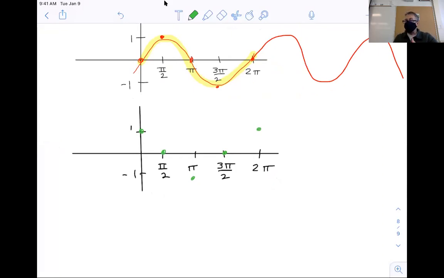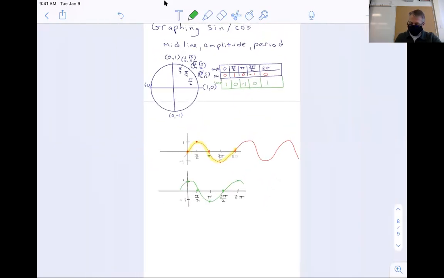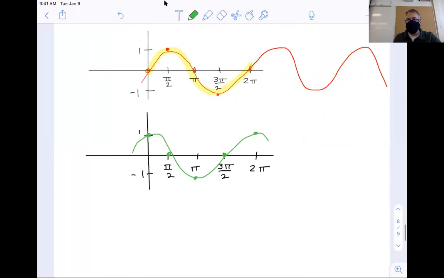So remember, it's curved, it's not rigid, it's not a V shape, but the cosine graph looks like this. Looks a lot like the sine graph, but it's offset. It's a phase shift.